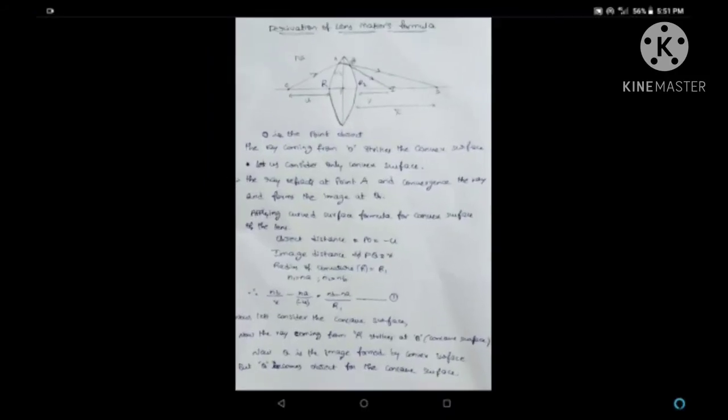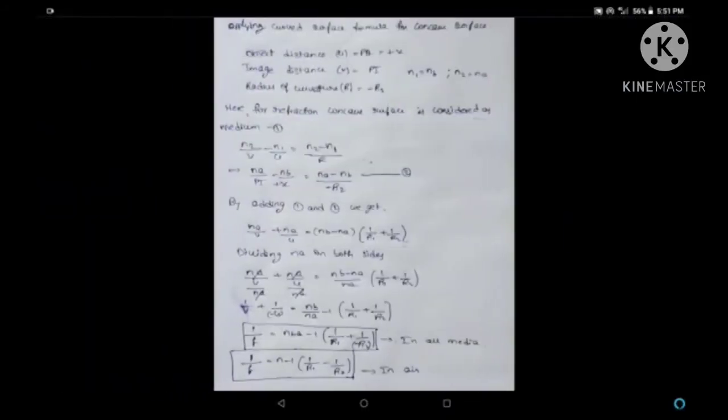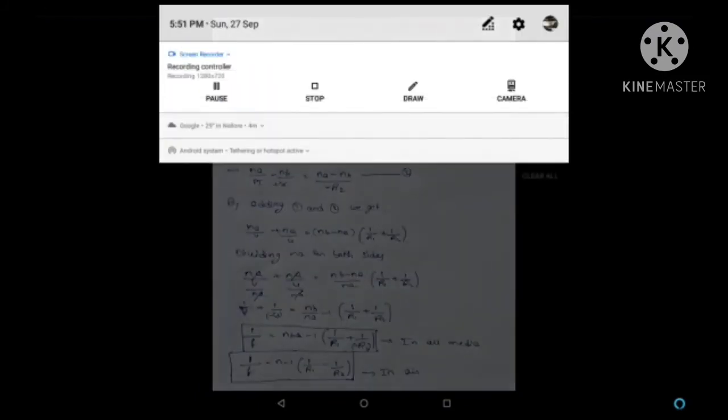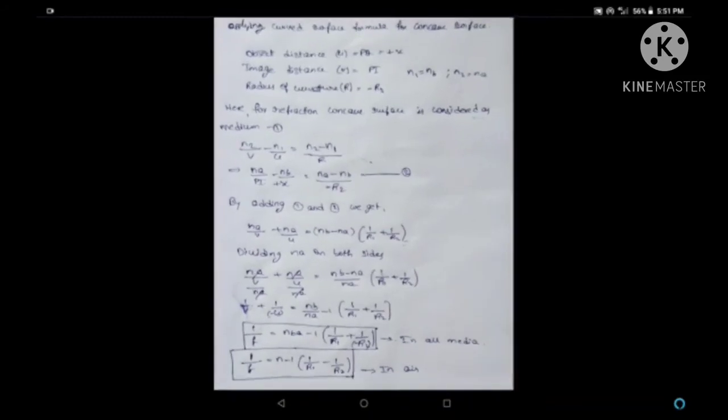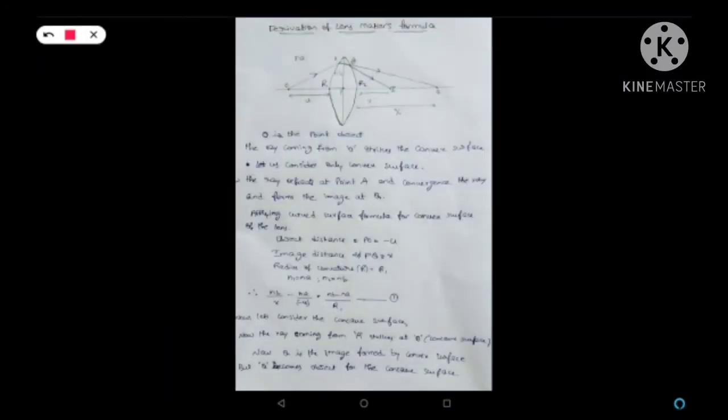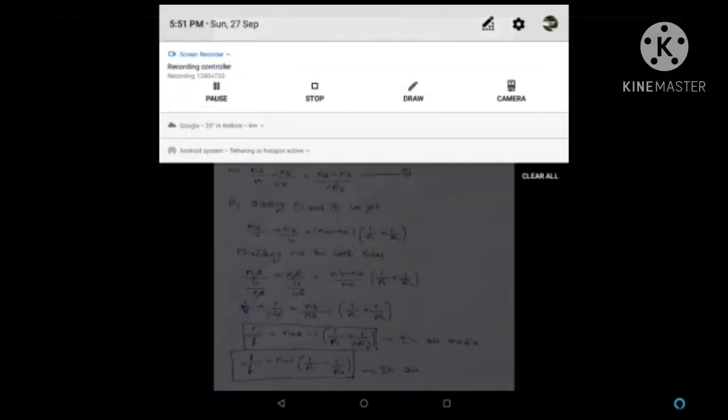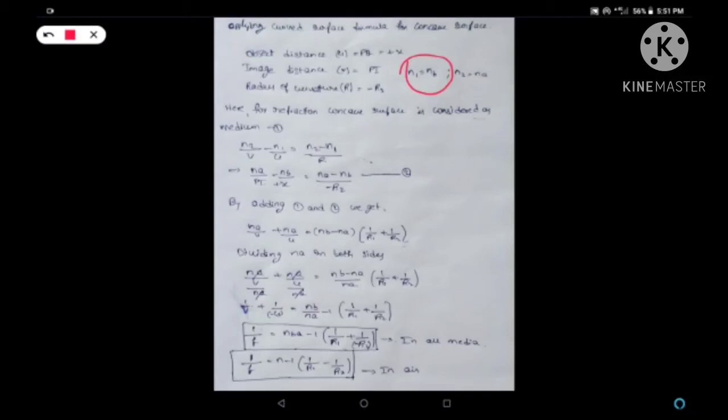Now let's continue, guys. Applying the curved surface formula for the concave surface at point B, the object distance PQ is plus x. The image distance is PI, because the image formed by the concave surface is at the point I. Now N1 is equal to Nb, N2 is equal to Na for the concave surface.